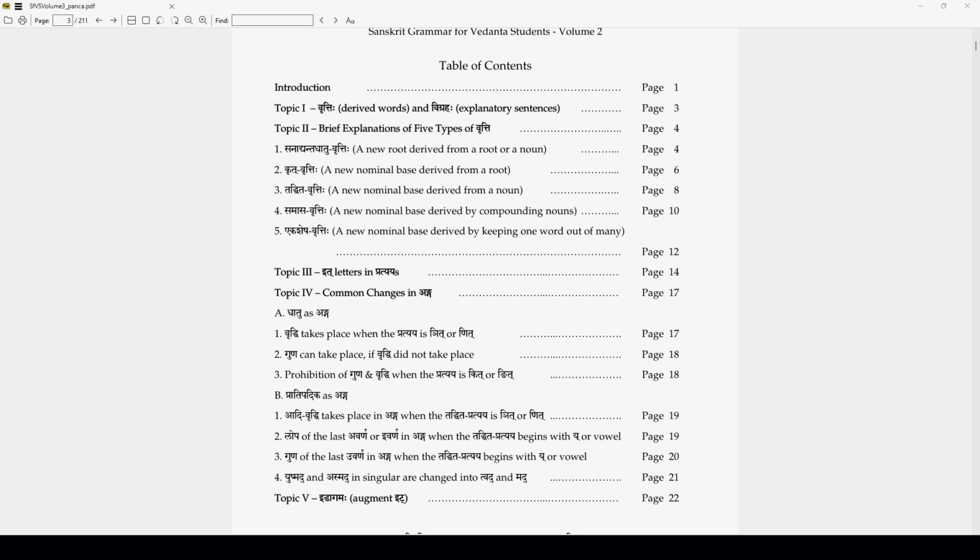Instead of saying balakah balakah, we are replacing that with just balakau, the dvivachana form of the word. So balakah plus balakah is changing to balakau. This process can also be considered as ekashesha vritti, because one word is representing a group of objects.